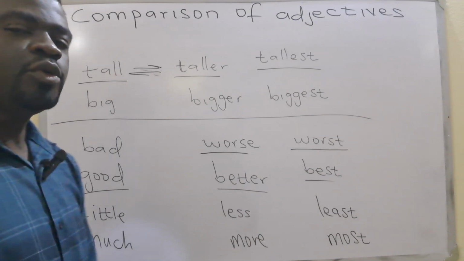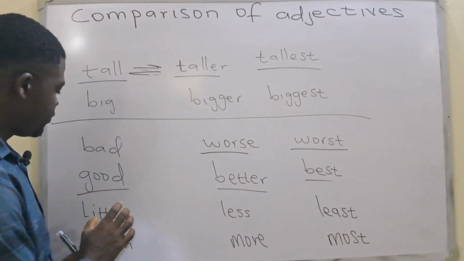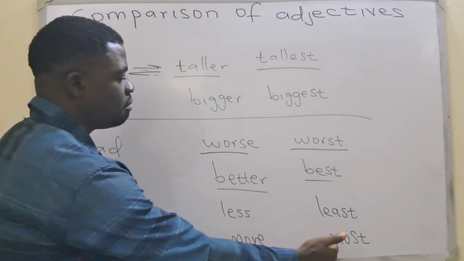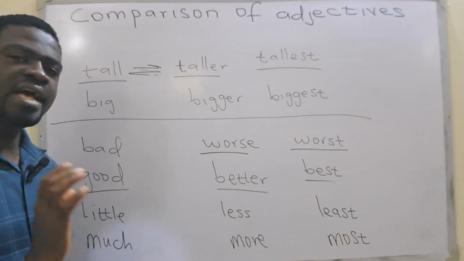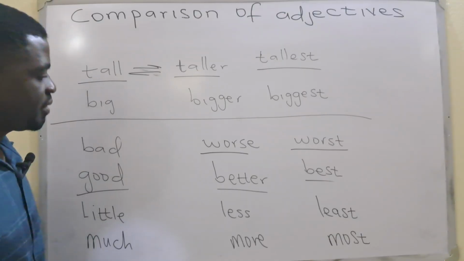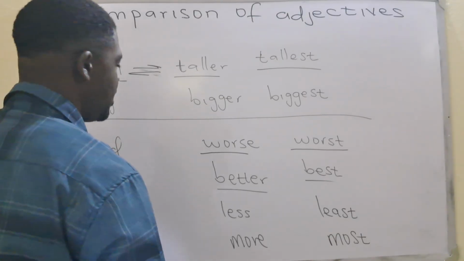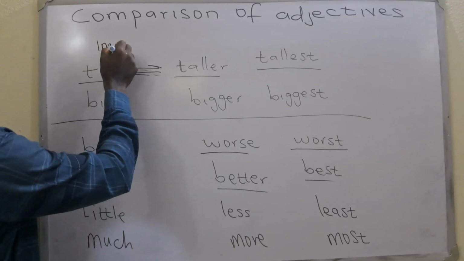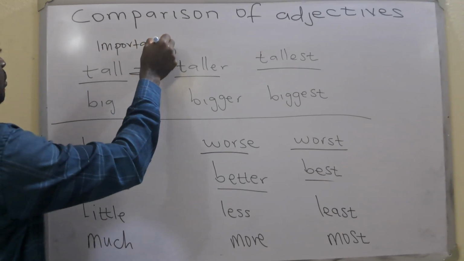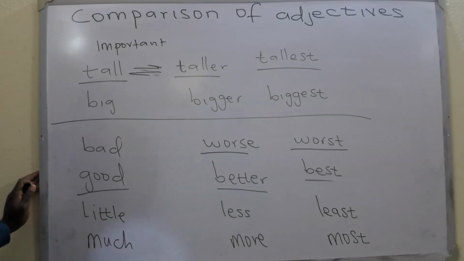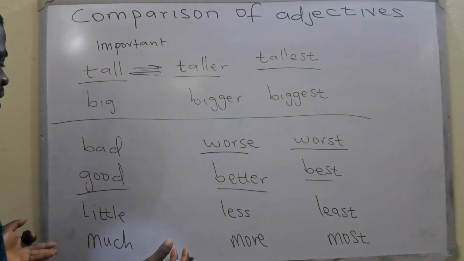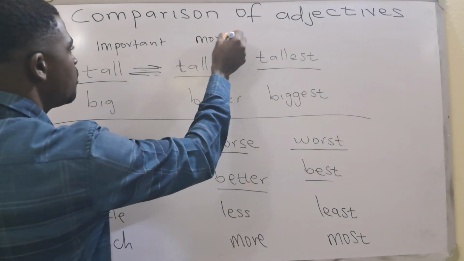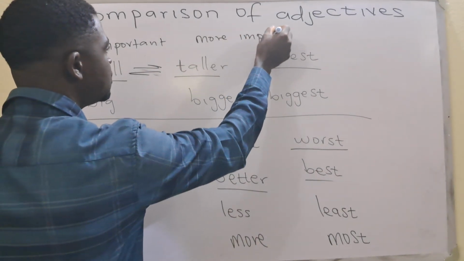Now, you may have noticed that sometimes you use more or most to qualify certain adjectives. For example, you can have important. If you want the comparative form of important, you say more important.